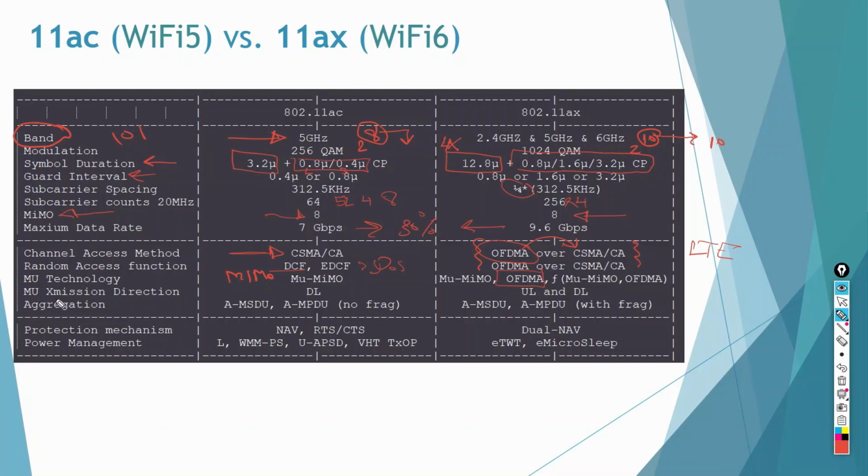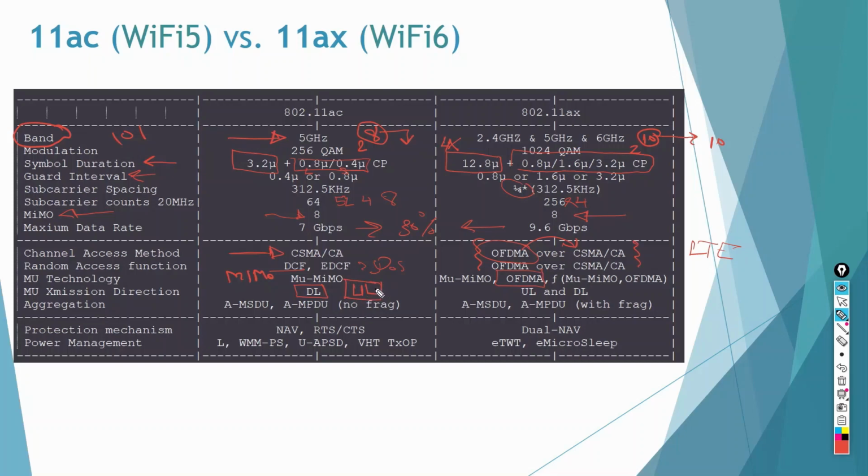In terms of multi-user transmission direction, only the downlink direction was defined in 11AC. Uplink multi-user transmission was there, but it was optional. I don't know if any vendors implemented that.